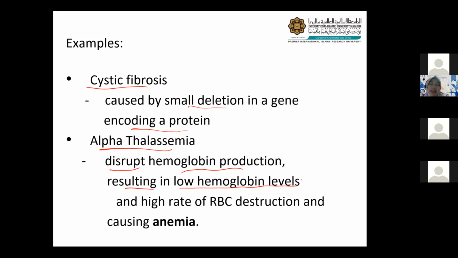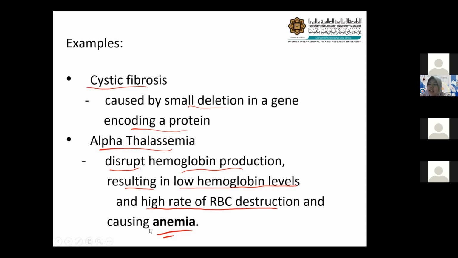Thalassemia is very common, kita selalu dengar thalassemia. The cell cannot produce enough hemoglobin, which results in low hemoglobin level. A person with alpha thalassemia also has a high rate of red blood cell destruction. Red blood cell dia senang rosak, which can cause anemia, kekurangan sel darah merah.